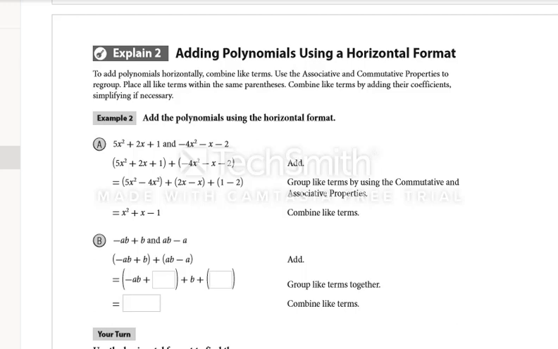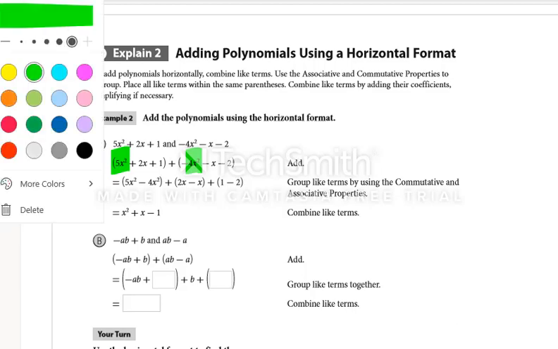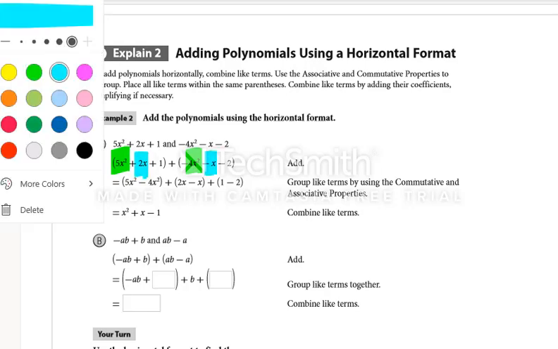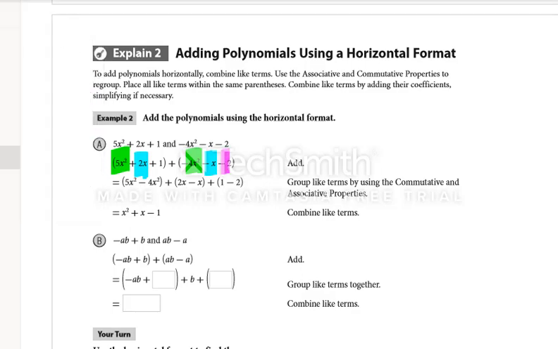So in this first example, 5x squared and negative 4x squared are like terms. 2x and negative x are like terms. We can group them together. And the numbers 1 and negative 2 are like terms. We can group them together.